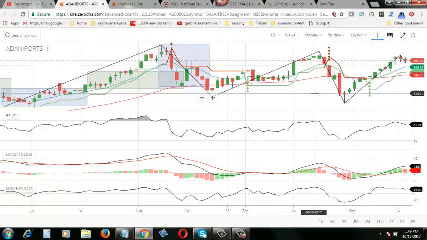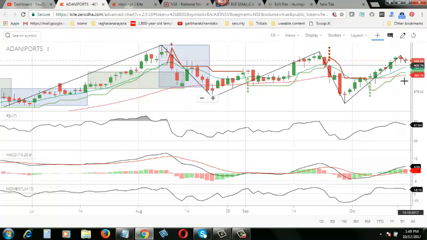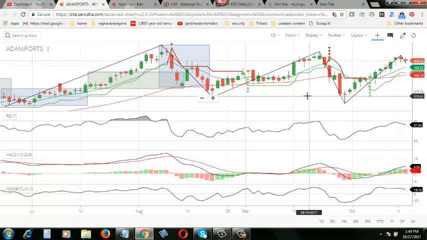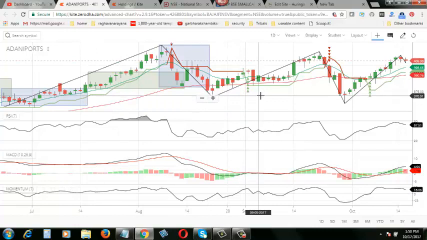Maybe within the next few days we can see the red arrows of the super trend displayed here. That would confirm that the price is going down for the next consecutive days. Whether this analysis is right or wrong, we will check with the other technical indicators like RSI, MACD, and momentum, and then take a call.